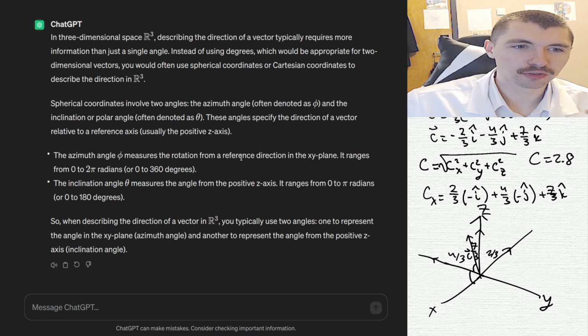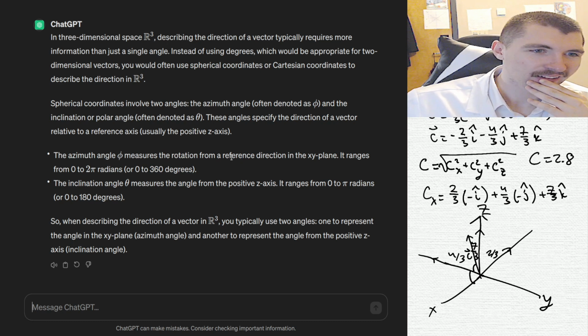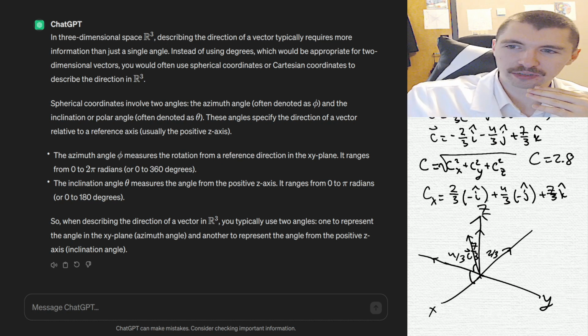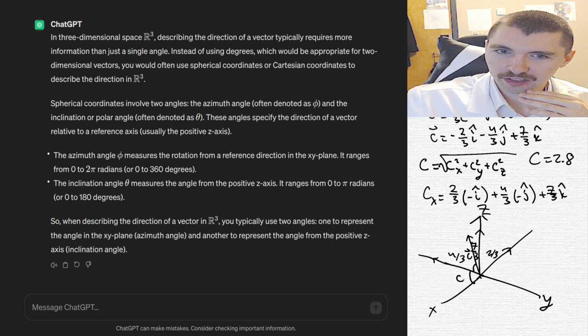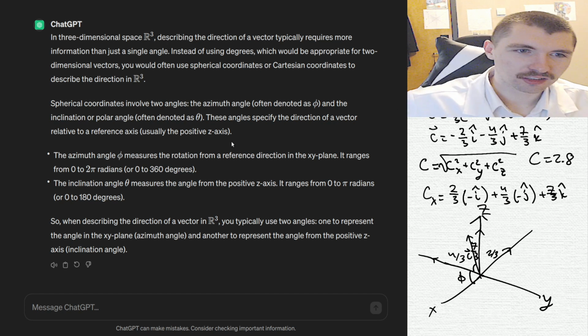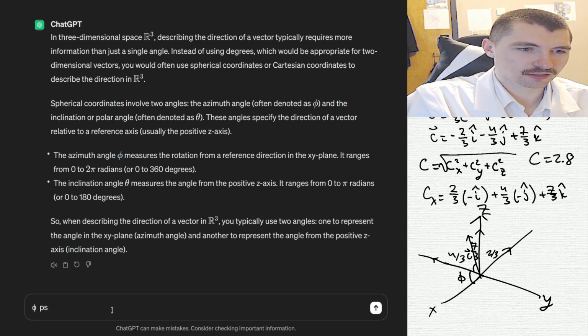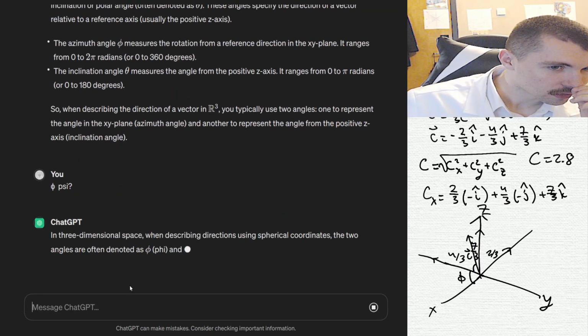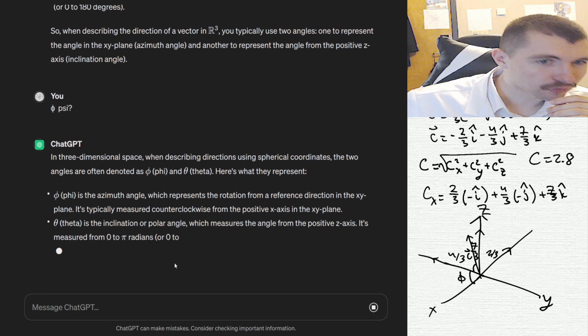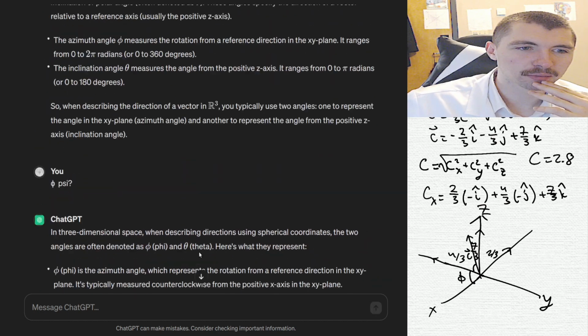So yeah, you would use phi. Phi would be the xy. So this would be phi. No, would that be psi? I think that's phi. Okay, my bad.